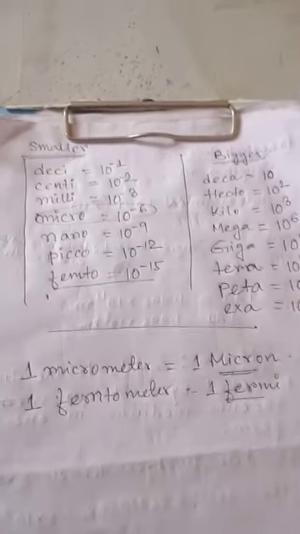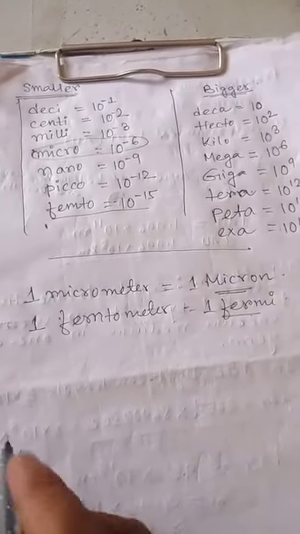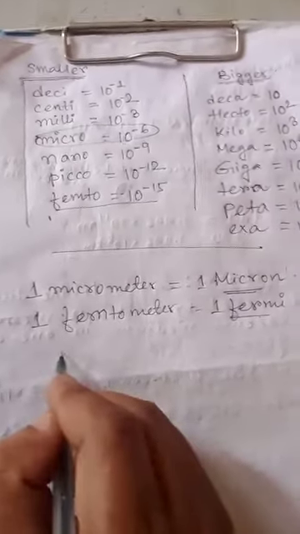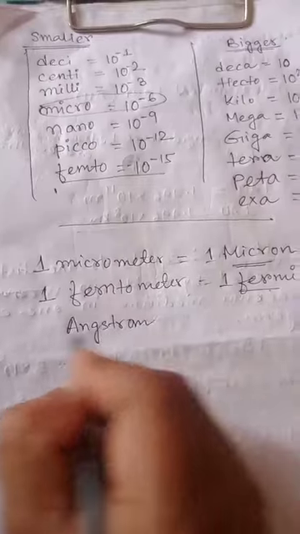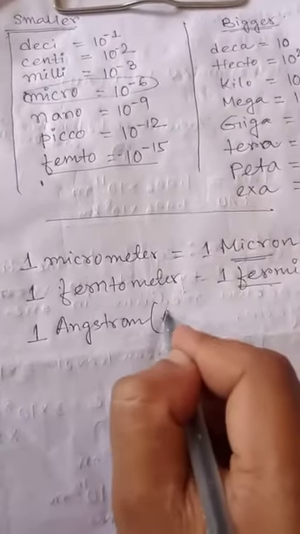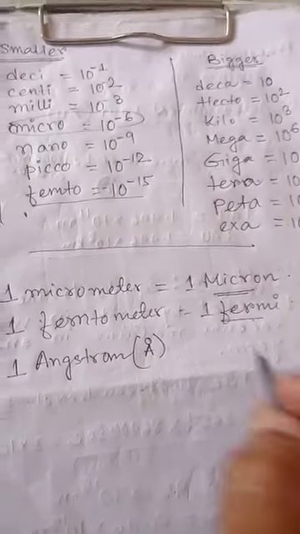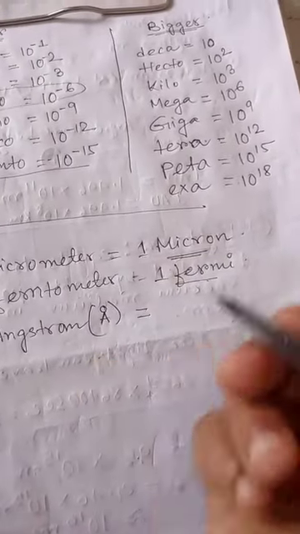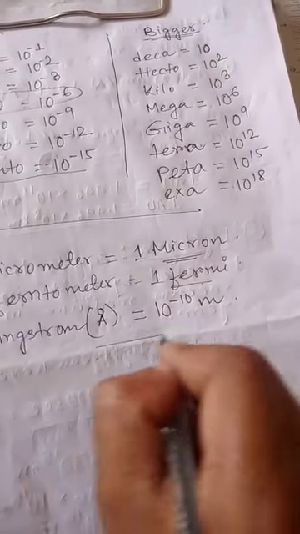Fermi means femtometer. Another smaller unit of length is angstrom, and 1 angstrom is written with the symbol A with a 0 on the upper side. So 1 angstrom is equal to 10 to the power minus 10 meter. Okay.